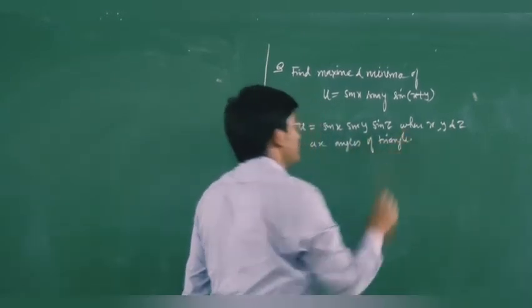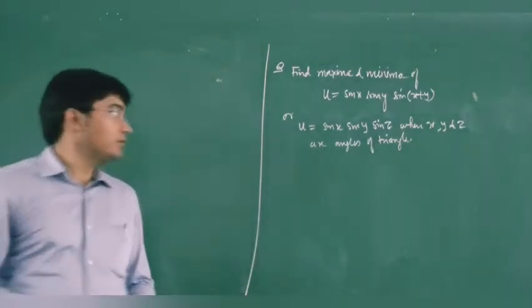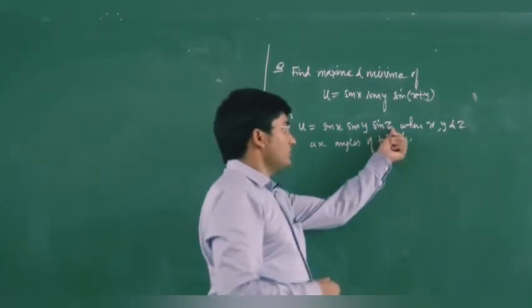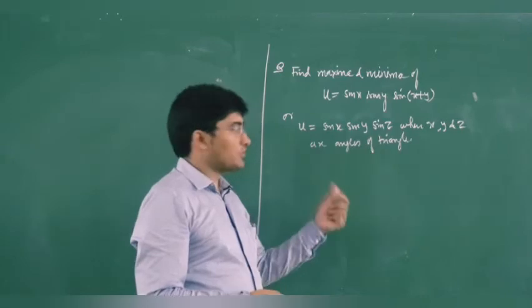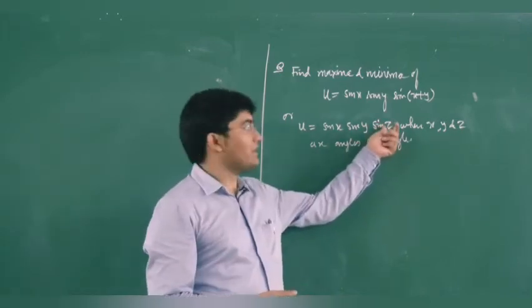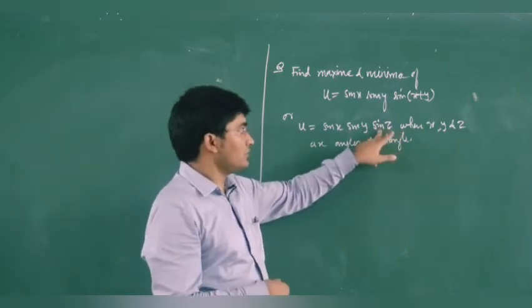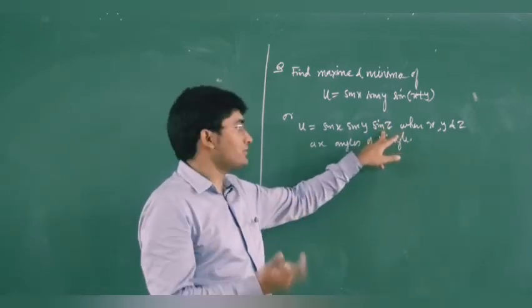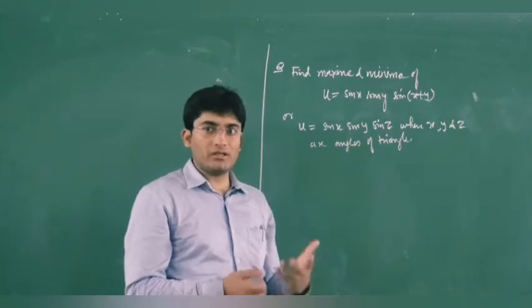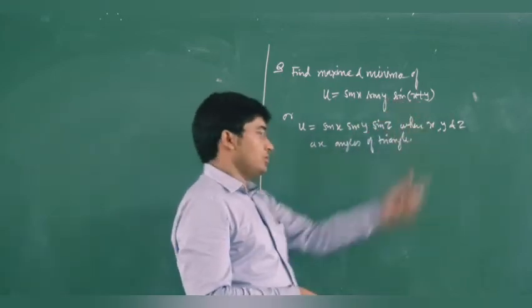So if x, y, z are angles of a triangle, then x plus y plus z will be 180 degrees, that means pi. So our z will be pi minus x minus y. So in place of z we can write sin (pi minus x minus y). So sin (180 minus theta) is sin theta. So we have this question.